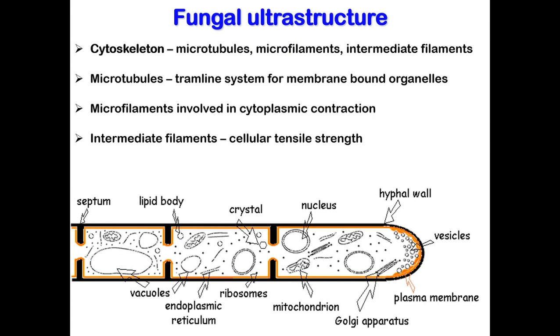The cytoskeleton in the fungal cell is composed of microtubules, microfilaments, and intermediate filaments. The microtubules act as a tramline system for the membrane-bound organelles, whereas the microfilaments are involved in cytoplasmic contraction. And the intermediate filaments are responsible for the cellular tensile strength.